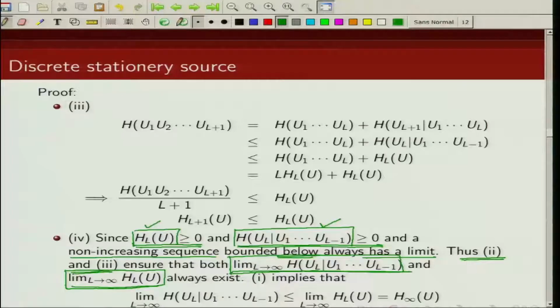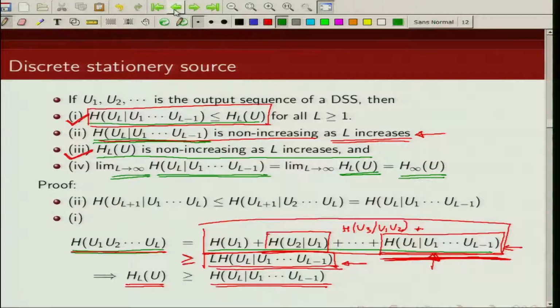If you go back and look at property number 1, it says uncertainty in UL given U1, U2, UL minus 1 is less than or equal to HL of U, the uncertainty per letter.